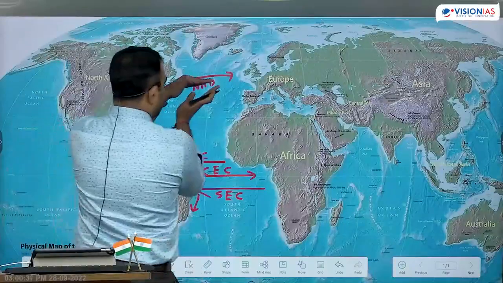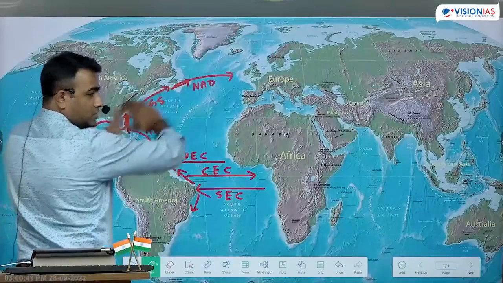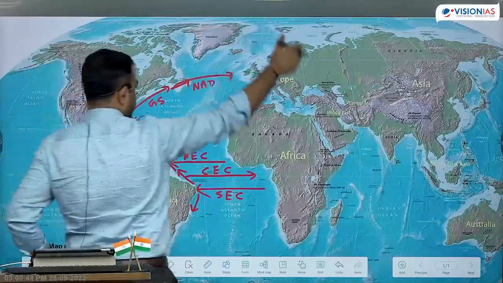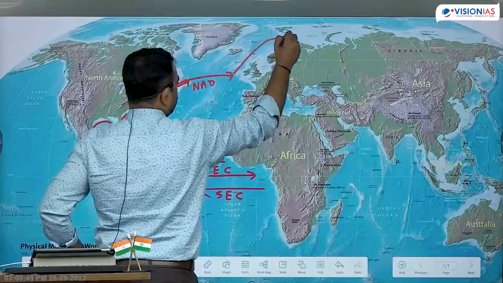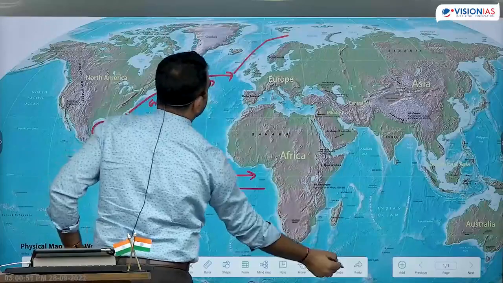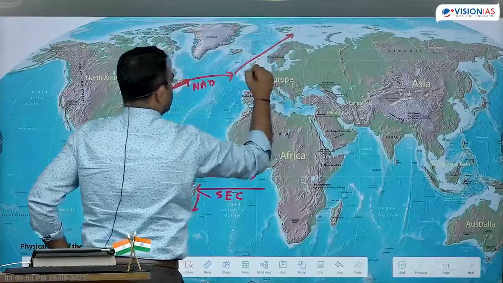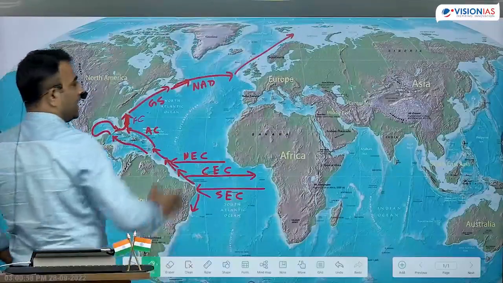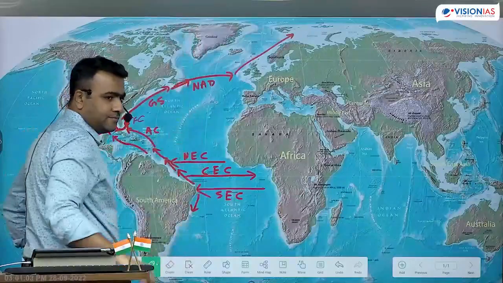Now this North Atlantic Drift is crossing the Atlantic Ocean from west to east and reaches the eastern part, where we have Western Europe, a huge landmass, which will divide it into two branches. One moves along the coast of the UK as well as Norway and joins the cold waters of the Arctic Ocean. It merges there.